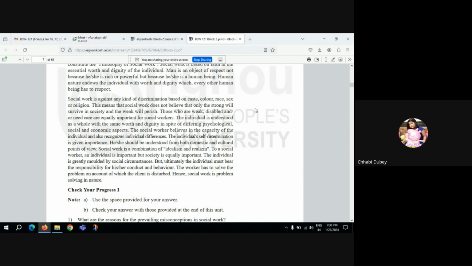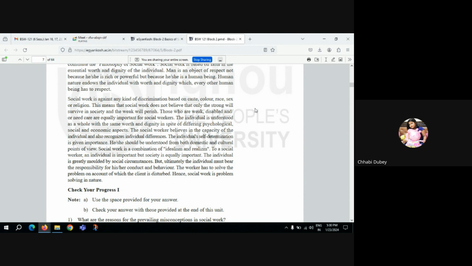And also it is a combination of idealism and realism. Of course we know that an individual is greatly molded by social circumstances. Whatever social background we come from is going to mold us as an individual. And ultimately the individual must bear the responsibility for his or her conduct and behavior.